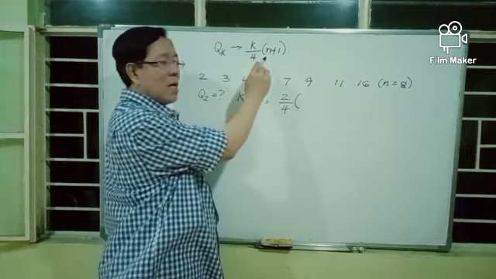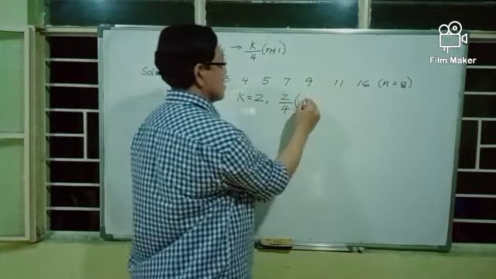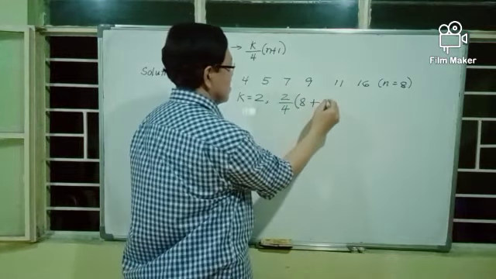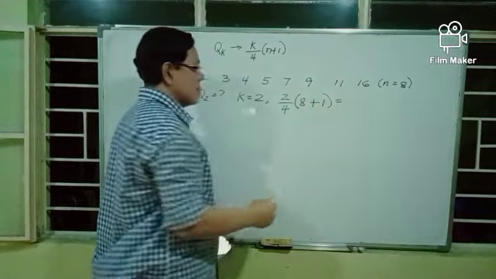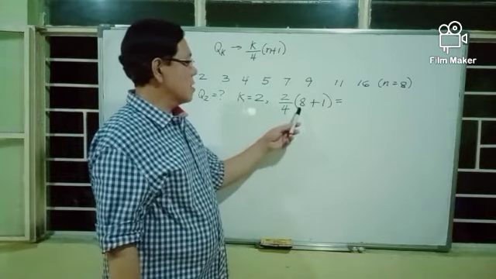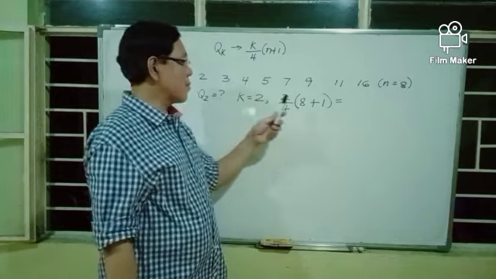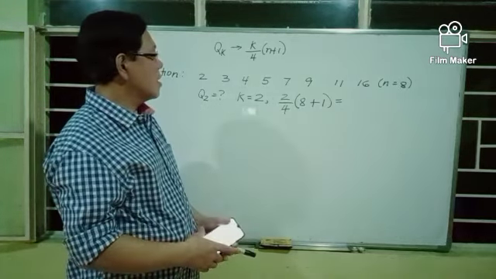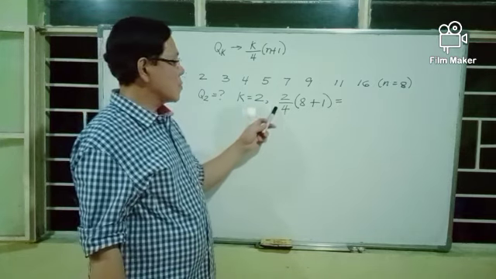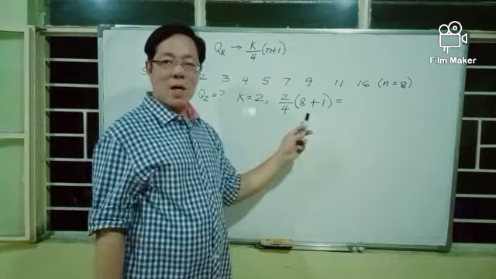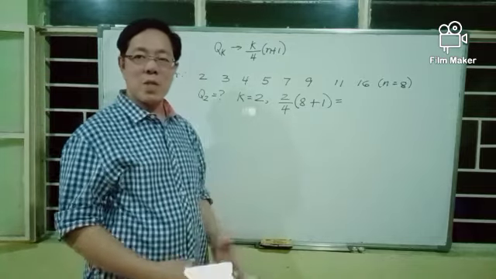Multiply by quantity n is 8 plus 1. And you use your calculator to compute this. 8 plus 1 is 9, multiplied by 2 is 18. Or 2 over 4 is 1 half. 8 plus 1 is 9, divided by 2 is 4.5.